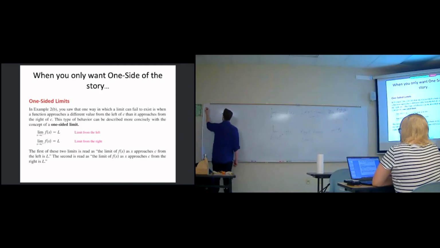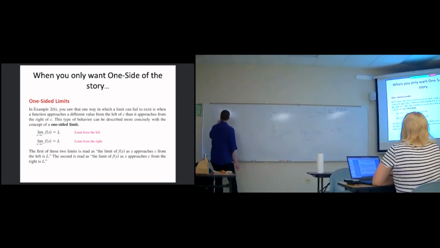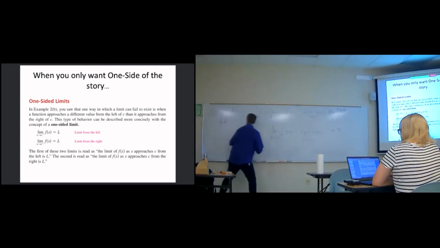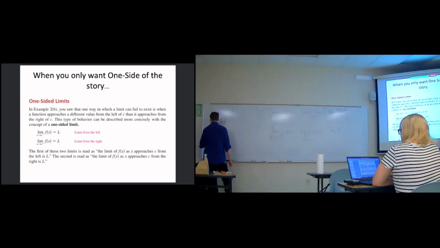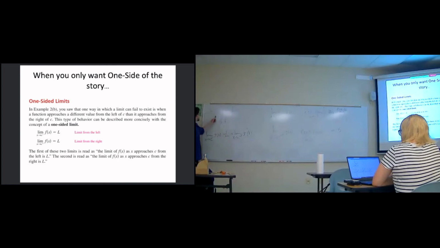If these two limits agree, then we say the limit exists. So we say that the limit as x approaches c of our function is equal to L if and only if the limit from the left as x approaches c of f of x is equal to L, which is also equal to the limit as x approaches c from the right.